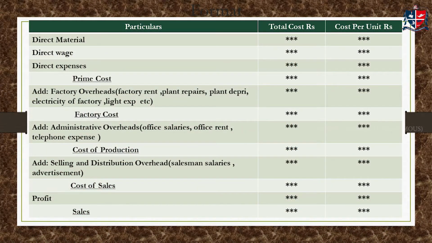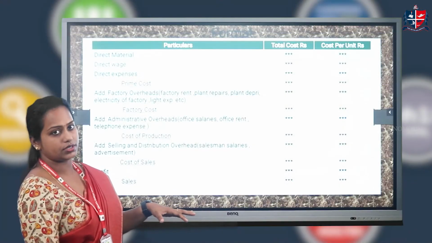So this is the proforma of a cost sheet. This is how a cost sheet is prepared. We have a particular column, a total cost column, and a cost per unit column. These are the three columns that you need to use while preparing a cost sheet.